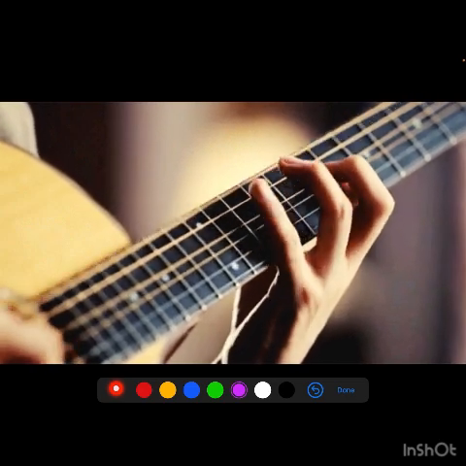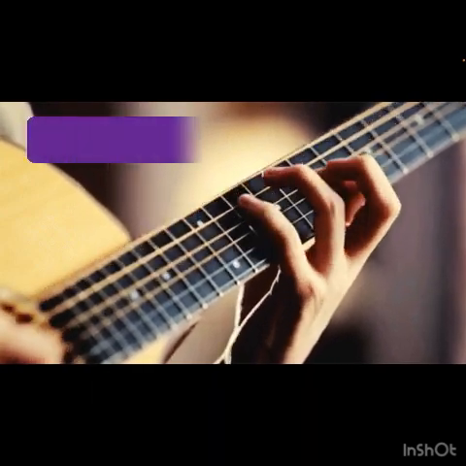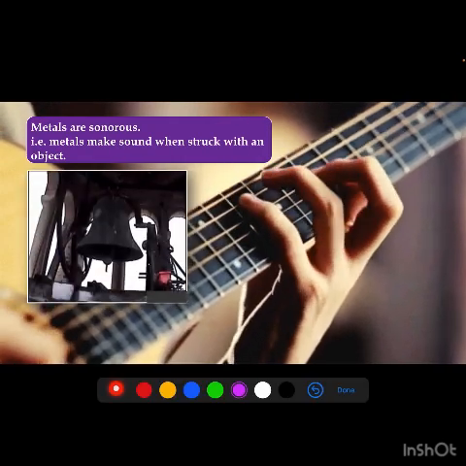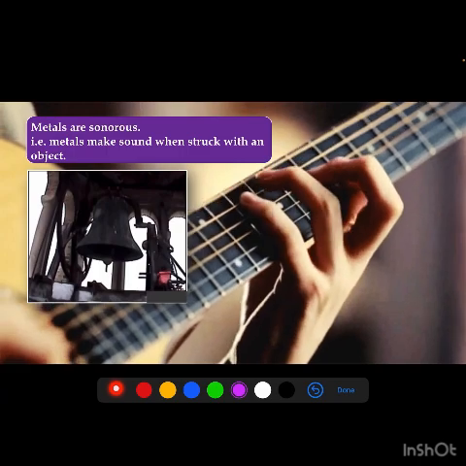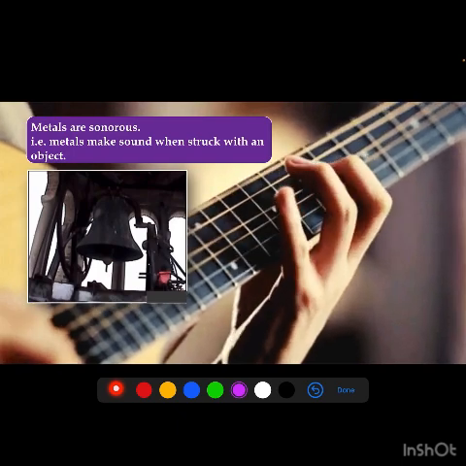So this property of metal, due to which it produces sound, is known as sonorous. Like you can see the bell, the guitar, they produce a very nice sound. So metals are sonorous. Sonorous means the ability to produce sound.